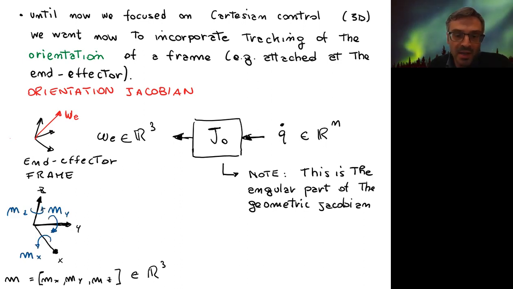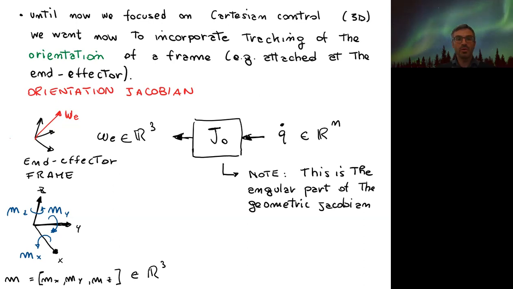And similarly, using the kinetostatic duality, using the transpose of this Jacobian, we can get a mapping between Cartesian moments, so moments at the end effector, into torques.